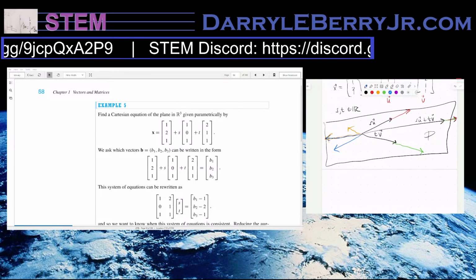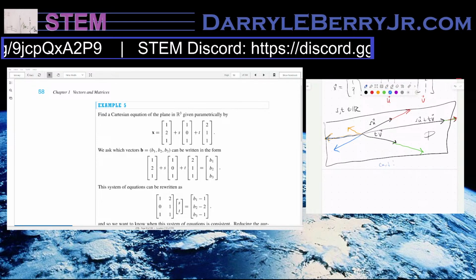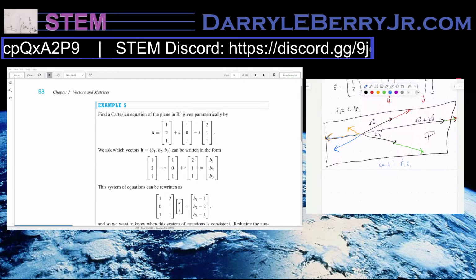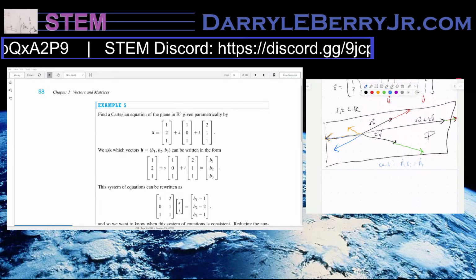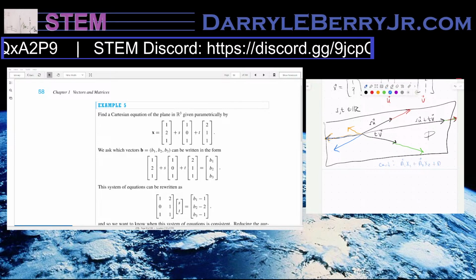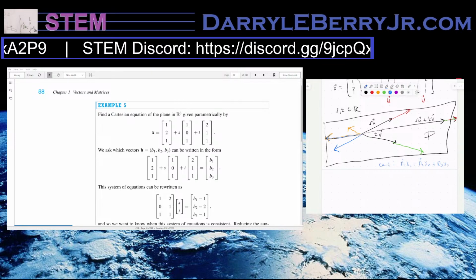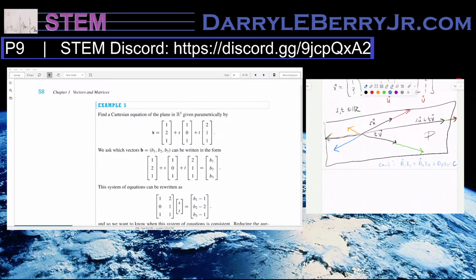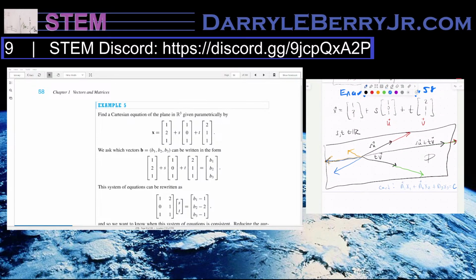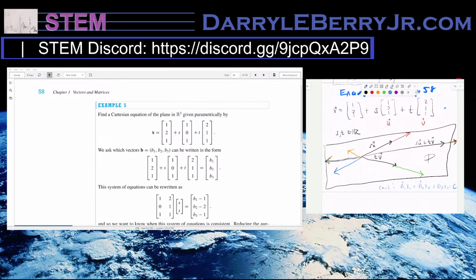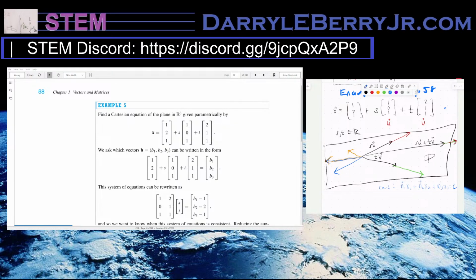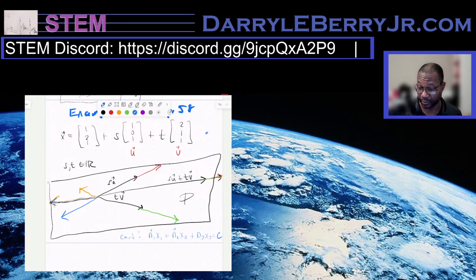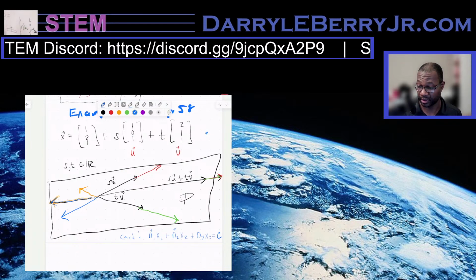And as a reminder, the Cartesian form is going to be some version of a normal vector, n1 x1 plus n2 x2 plus n3 x3 equals some number that I'll just call C. So basically what it wants us to do is take this parametric version and move it to the Cartesian version. And what I'll do is I'll go full screen, see if I can increase this a little bit, and then I'll start working this out and we'll see what we get.